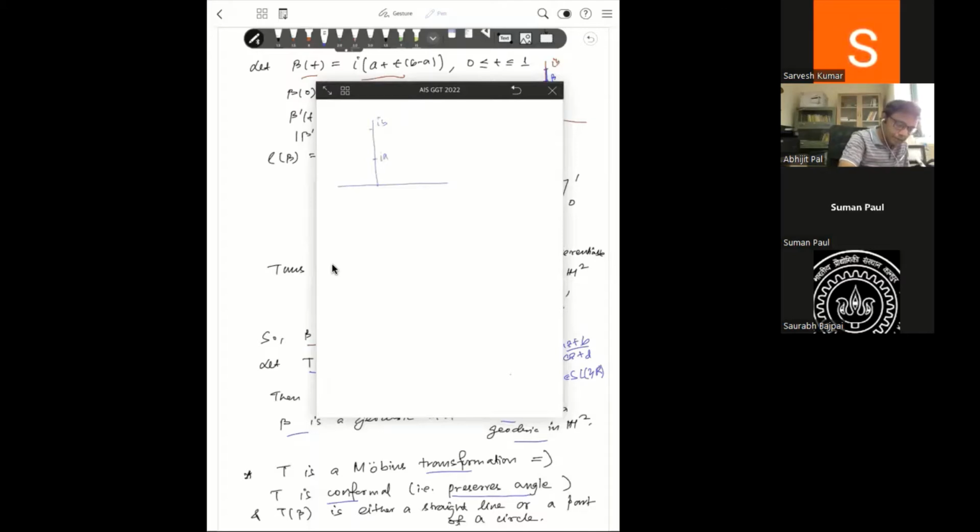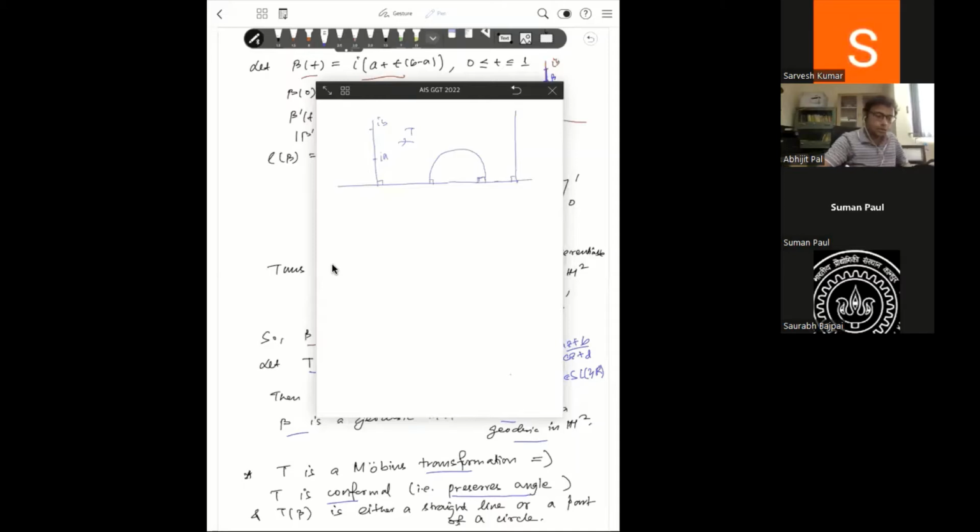Now if I apply T on this, the image of this vertical line will be either this, or again a vertical line. T is conformal, which means that this angle will be preserved.